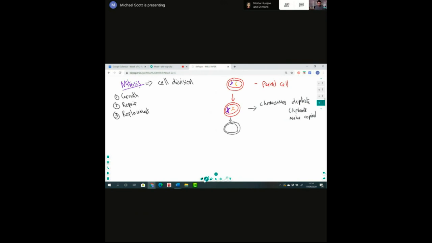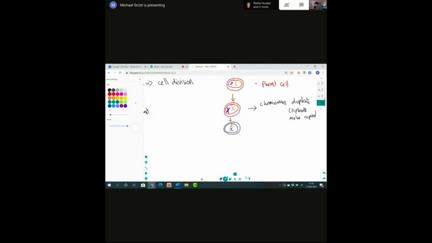what happens next is these chromosomes then line up. The chromosomes line up in the center of the cell. Okay, so you can see that they've migrated from opposite ends of the nucleus, and they've now lined up in the center.